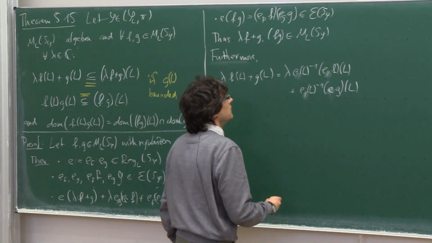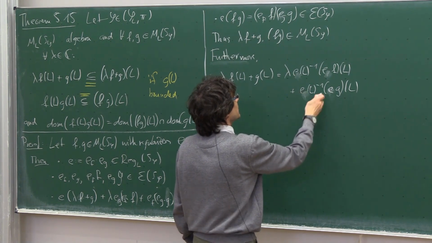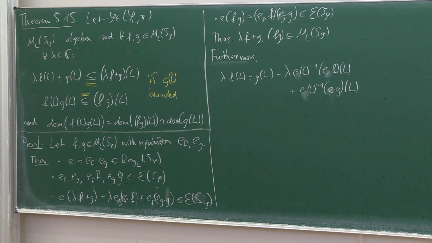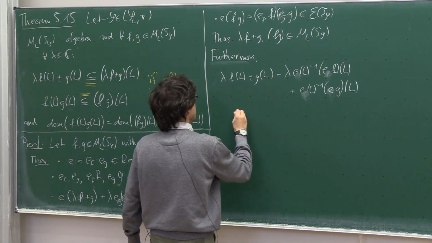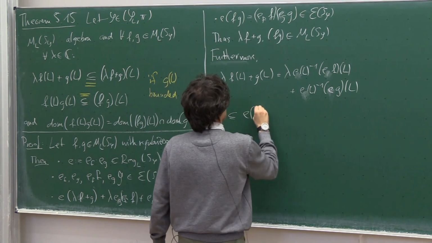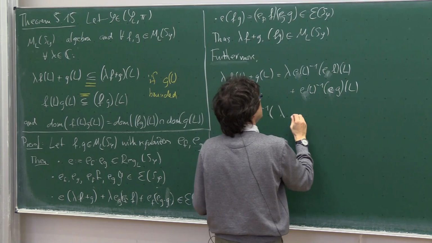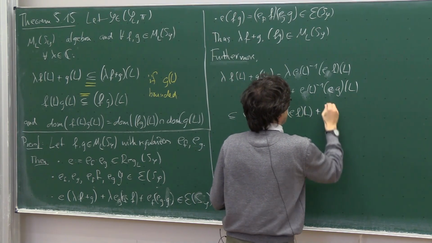What I want to do next is to factorize out this E of L to the minus 1. But now you have to be cautious because E of L to the minus 1 is not a bounded operator. It's just a closed operator. So factoring this one out comes at the price of an inclusion. This is a subset of E of L to the minus 1 applied to lambda E_F of L plus E_G of L.